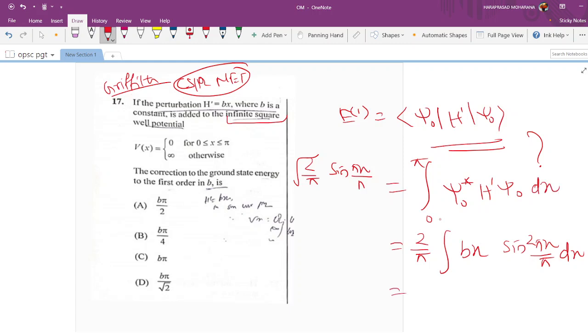If you solve this integration, you could get the answer. I am not telling you the correct answer because you need to do the integration by yourself. I am not going to spoon feed you. If you are not able to do this integration, then tell me. I am giving you one more hint: you just need to do partial integration, and you could get the answer.